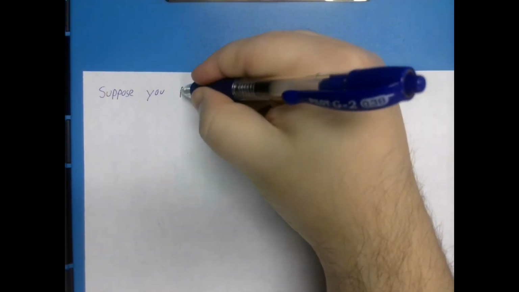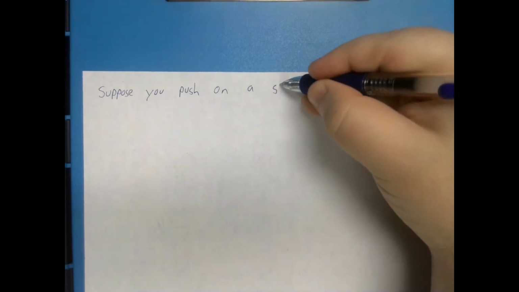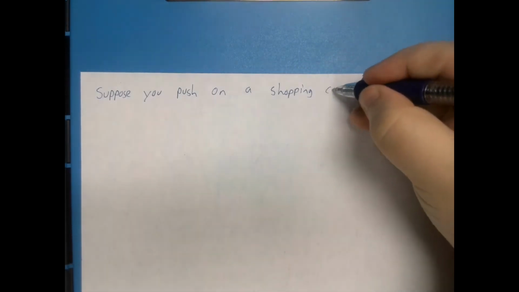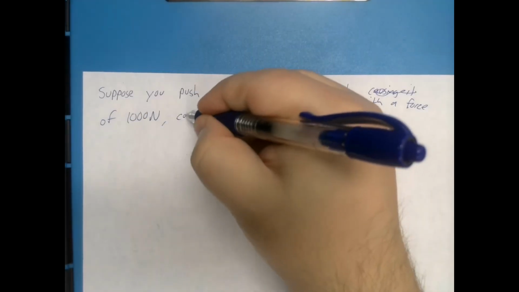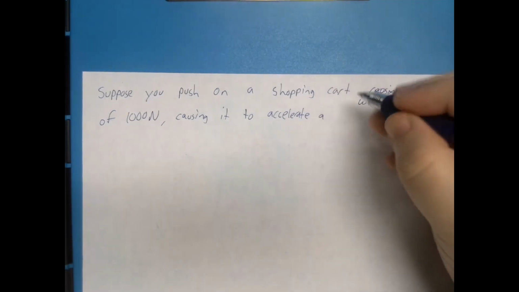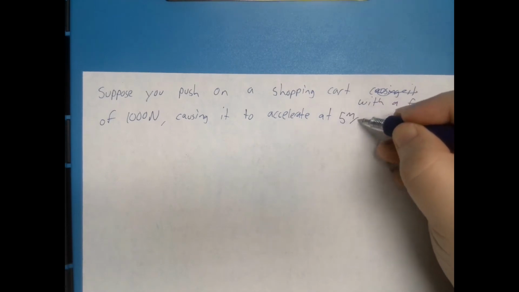Suppose you push on a shopping cart with a force of 1,000 newtons, causing it to accelerate at 5 meters per second squared.